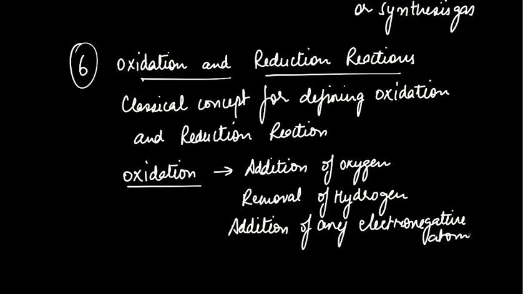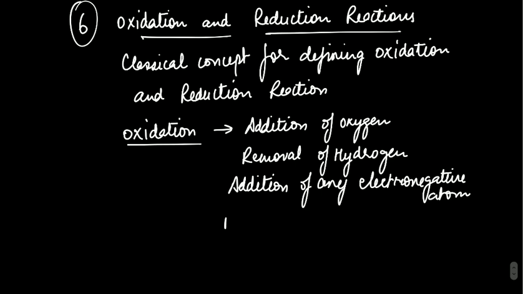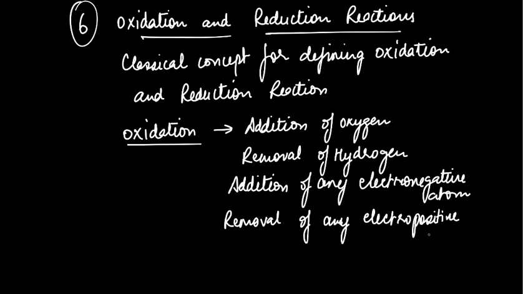So any atom carrying negative charge, it can be a non-metal, or we can even say removal of any electropositive atom. So atom or a molecule. Electropositive means we can say any atom carrying positive charge, it can be a metal also. So we can remember these definitions.